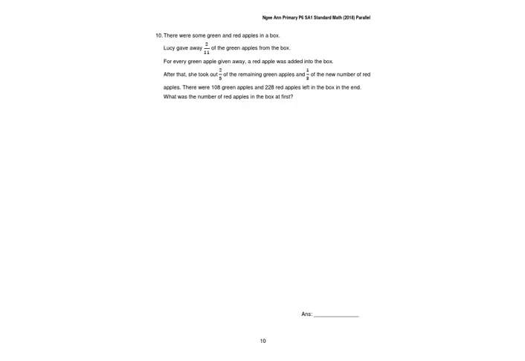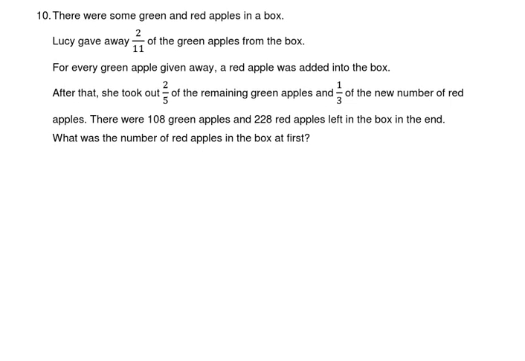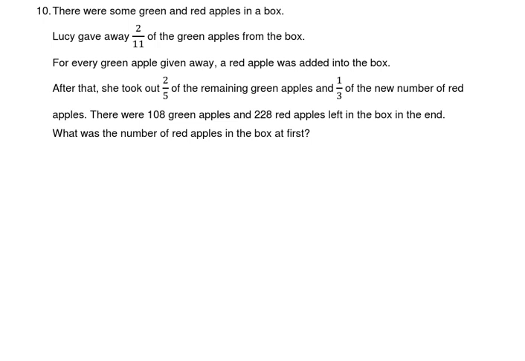Actually, I improved the question. Now this question is very simple. We are supposed to work backwards, right, using a table, which I've shown you all previously. Because of the words "at first", I know I need to work backwards, so I need to read the question backwards.